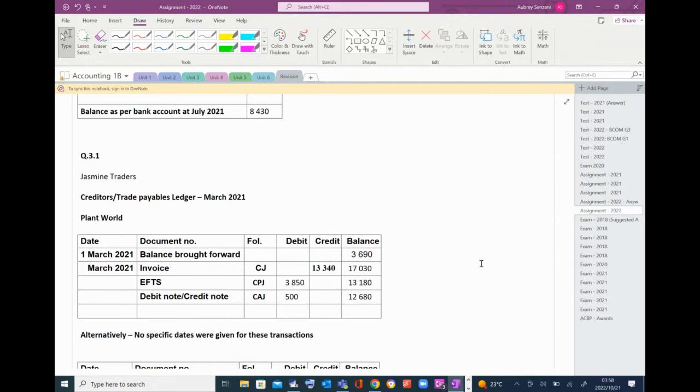Then it also goes on to say, prepare a trade payable reconciliation statement as at 31 March and 30 April. Then finally it says, should Plant World agree to deduct 500 from the invoice, how will this reflect? Will this be reflected by Plant World?